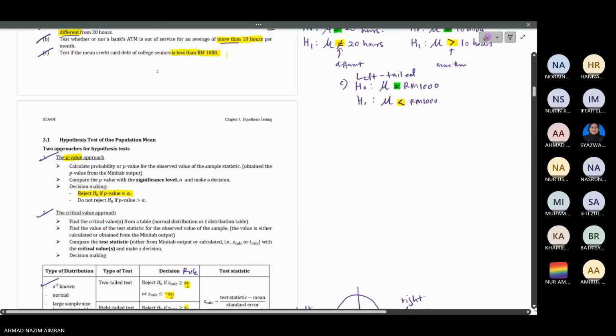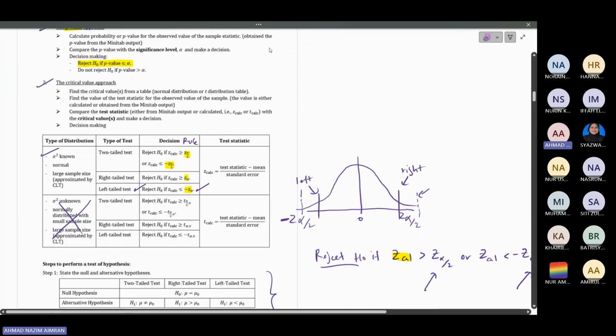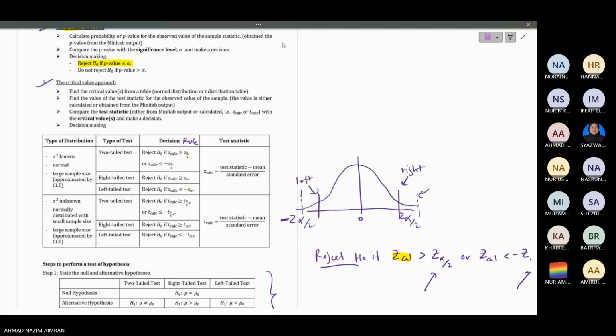Okay, so this is the table again. This time we use the standard deviation. The case is that the standard deviation of the sample is given.